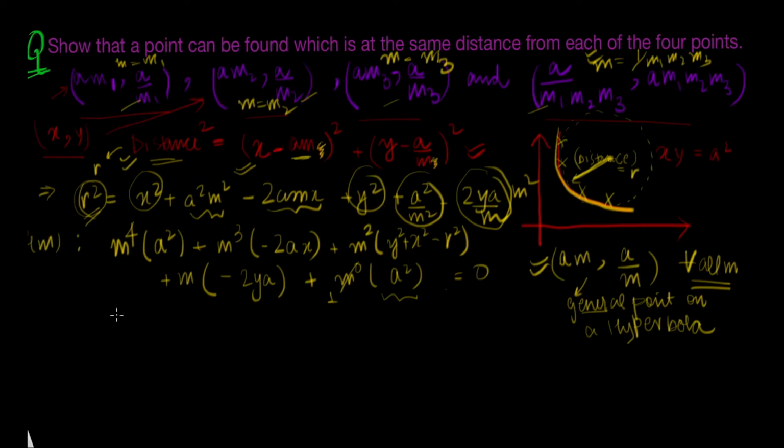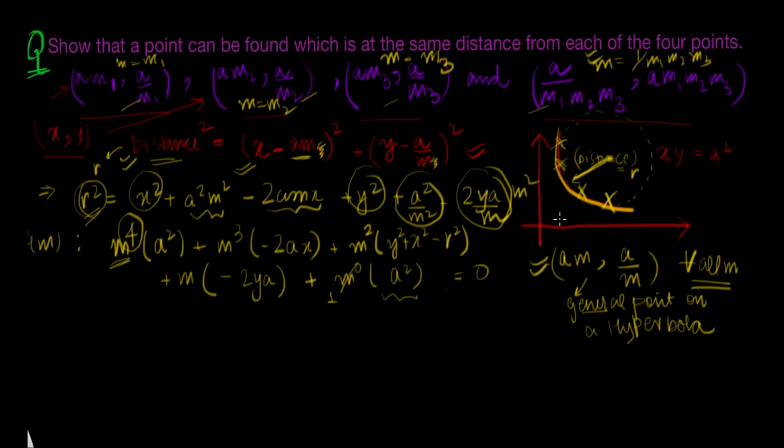That limits to only 4 values of m because you have 4 as the highest power. So that means you will have 4 roots to this equation. 4 roots means you shall have 4 points lying on the hyperbola, which will intersect with a hypothetical circle of radius r, and you can go to any radius r and you shall always get 4 such points that ultimately lie on the circle as well as the hyperbola.